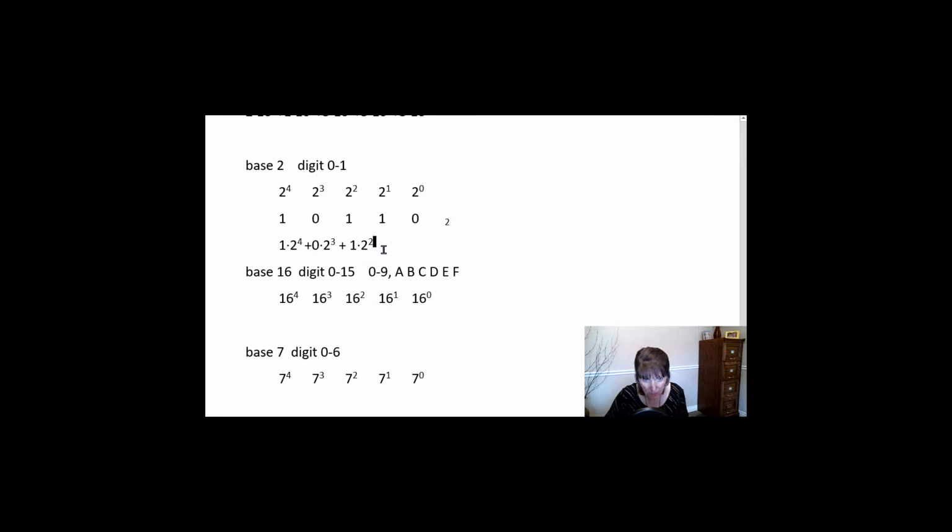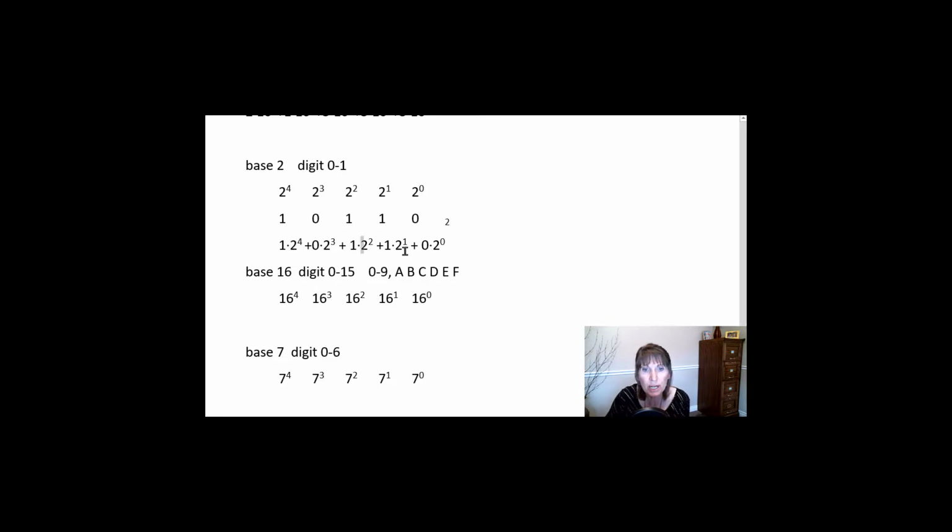This is why I'm not going to do this very often, because writing it out just takes a great deal of time. And then it's 1 times 2 to the 1, and this is a 0 times 2 to the 0. Okay, this is the base 10 expansion.